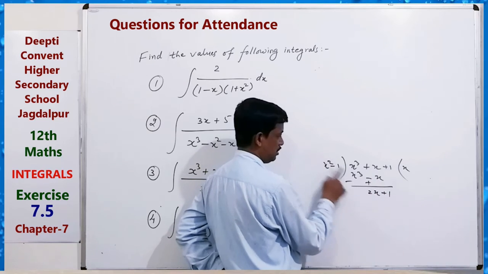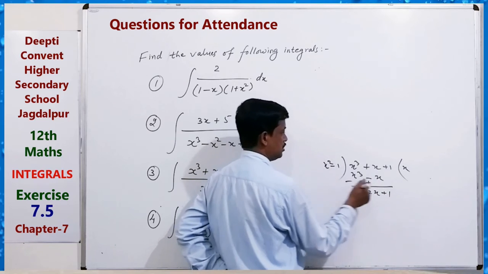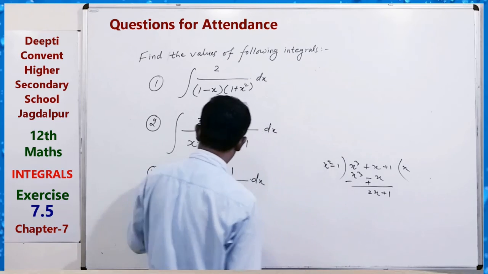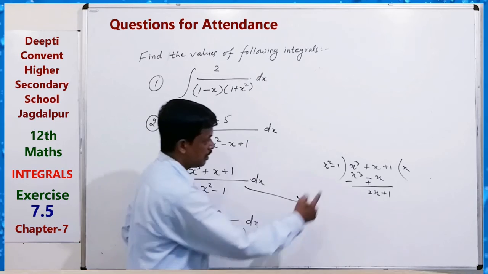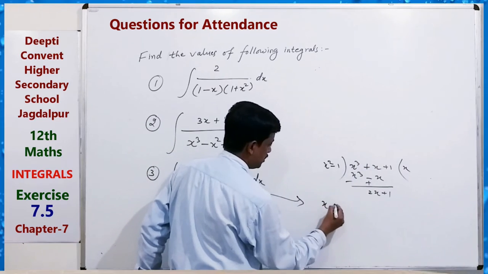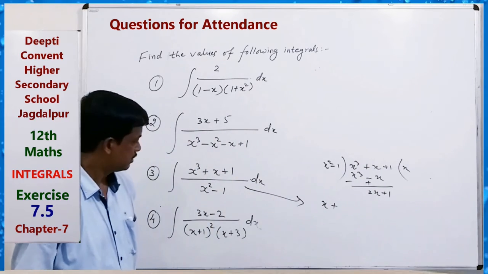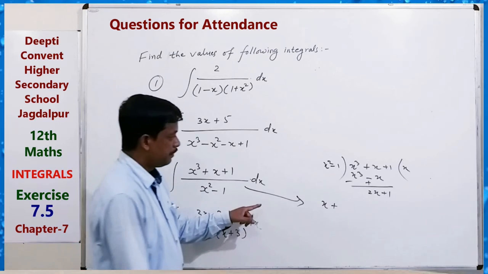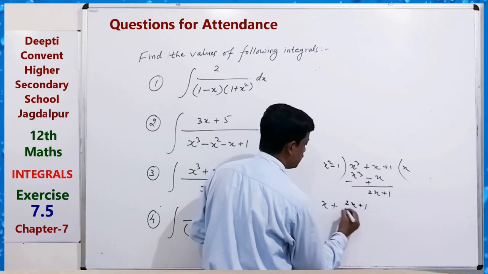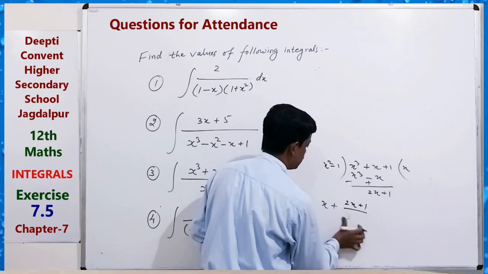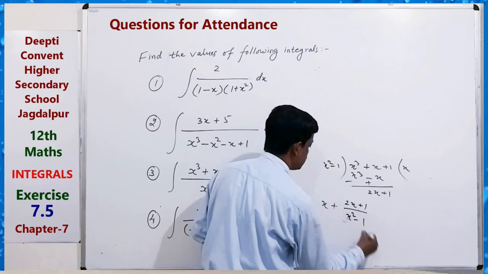The degree of 2x plus 1 is less than 2, so we can write this as x plus 2x plus 1 upon x square minus 1.